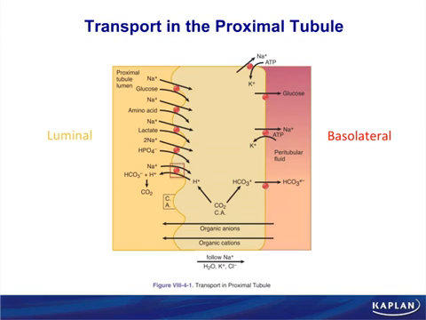This is a proximal tubule acidosis. What else could give you a proximal tubule acidosis? Well, you need carbonic anhydrase. So a carbonic anhydrase inhibitor, such as acetazolamide, would also give you a proximal renal tubular acidosis. So acetazolamide, a carbonic anhydrase inhibitor, and dysfunctioning of this carrier.